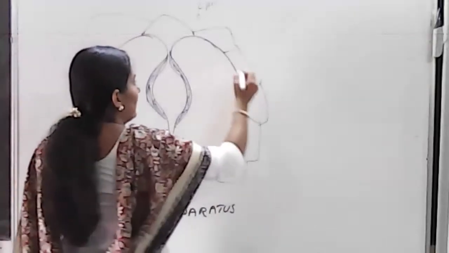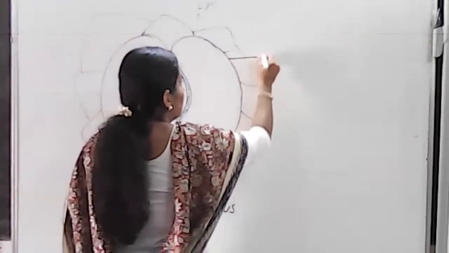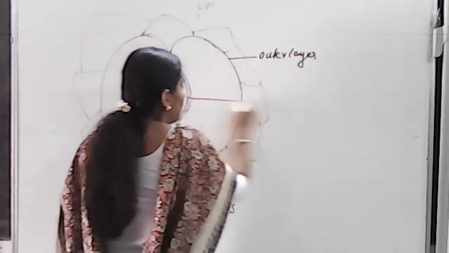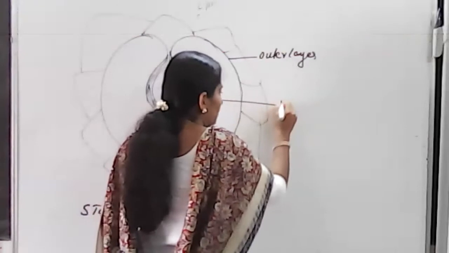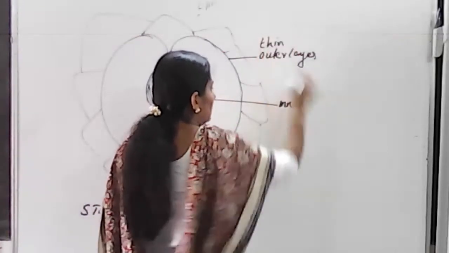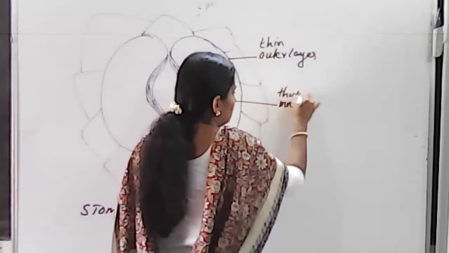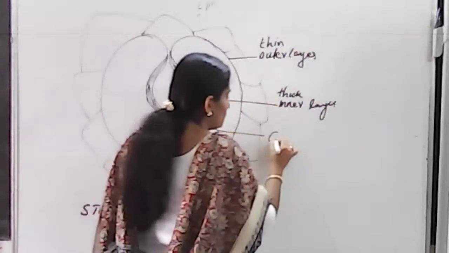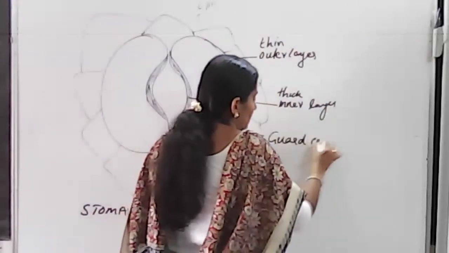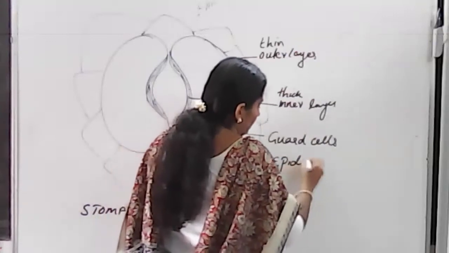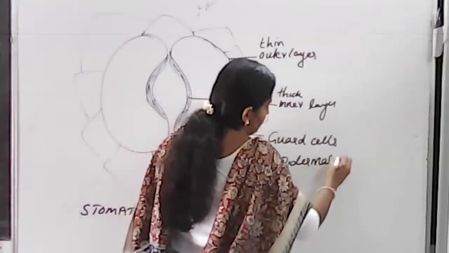So what are the different layers here? This layer you call the outer layer, that is very thin, and the inner layer, that is the thick inner layer. Better to write it as thin outer layer, then thick inner layer, then these 2 cells you call guard cells, then nearby epidermal cells.